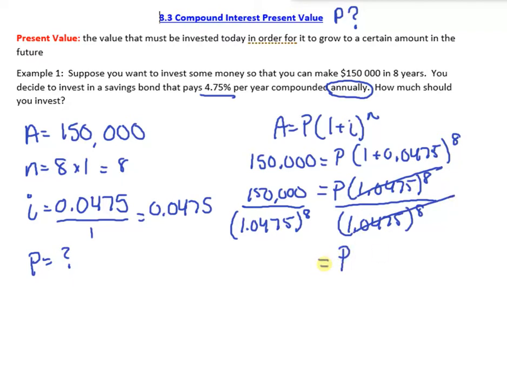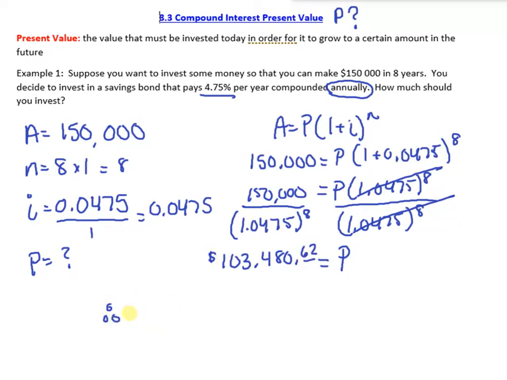Therefore, P equals something. In the calculator, 150,000 divided by 1.0475 to the exponent 8, I get 103,480. Remember, it's money, so it's 2 decimal places.